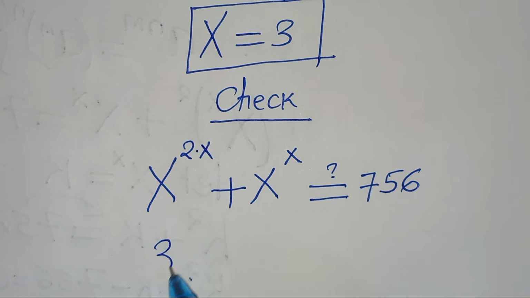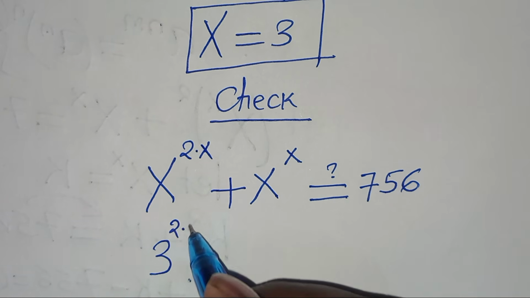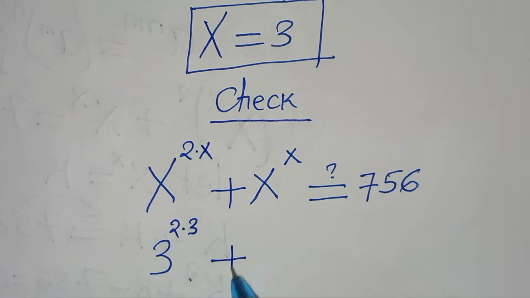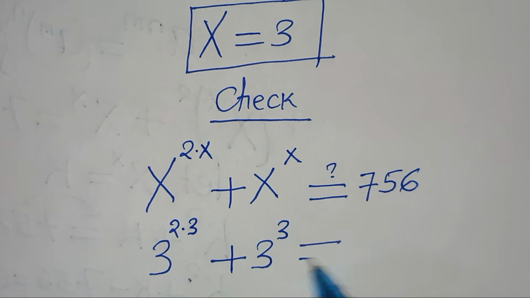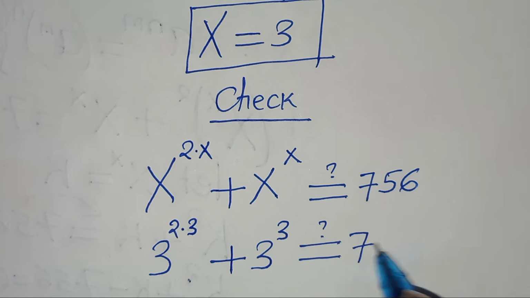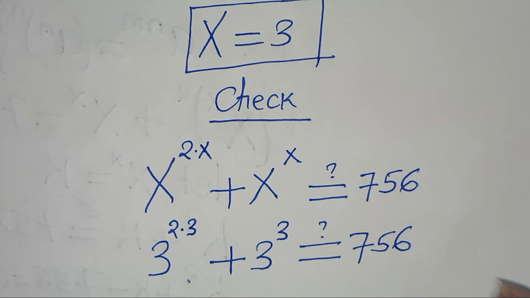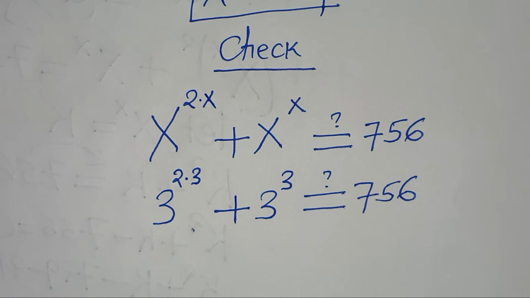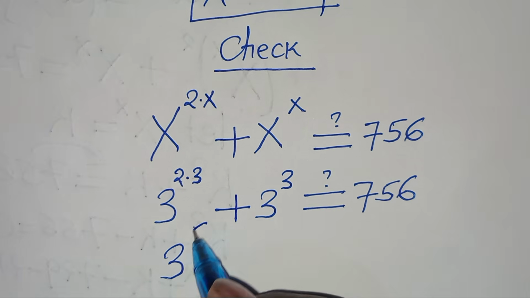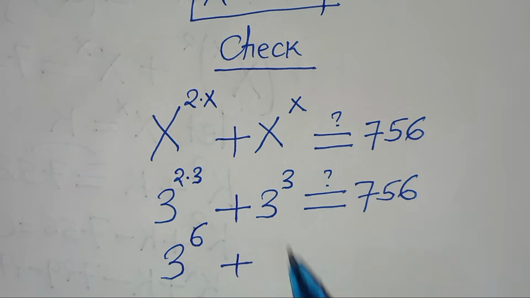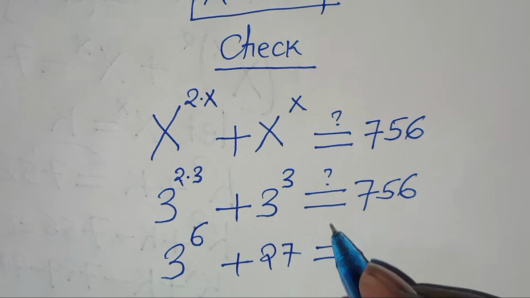So this is 3 raised to the power of 2 multiplied by 3, plus 3 raised to the power of 3. This implies 3 raised to the power of 6, which is 729, plus 3 to the power of 3, which is 27.